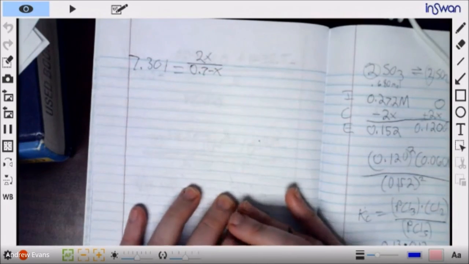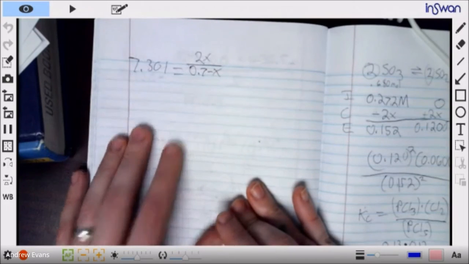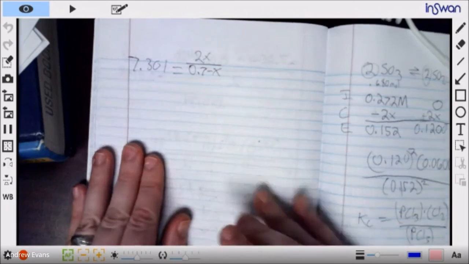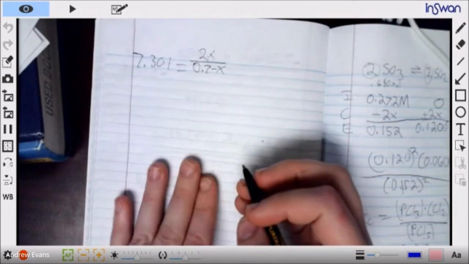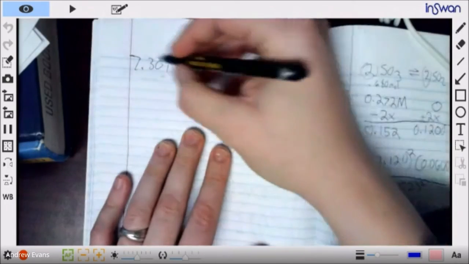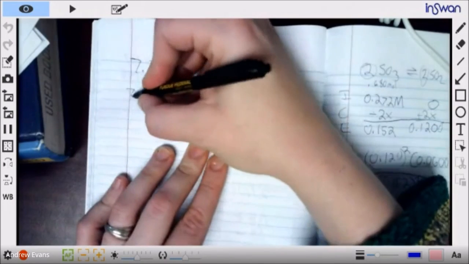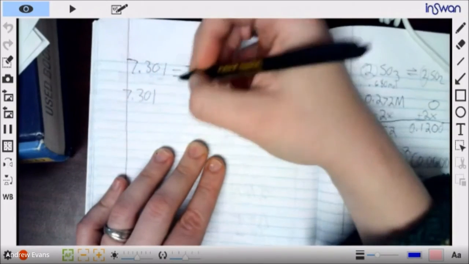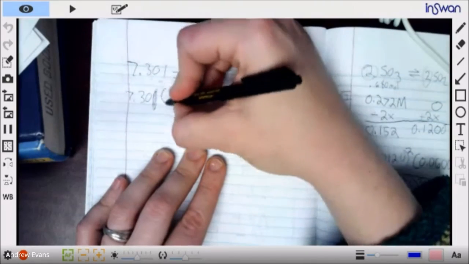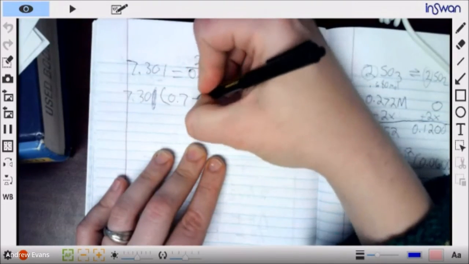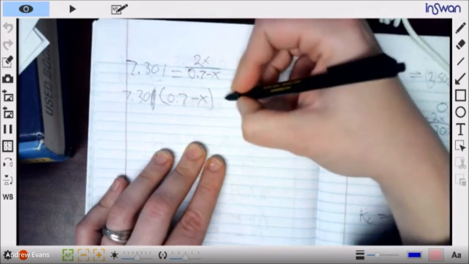So now this is a lot easier. I still have to get the x's by themselves, but I no longer need a quadratic. So we have 7.301, we'll just say 7.30, times 0.7 minus x equals 2x.